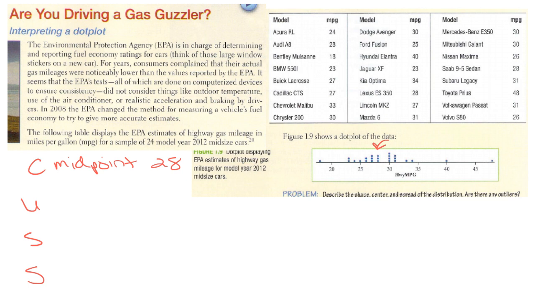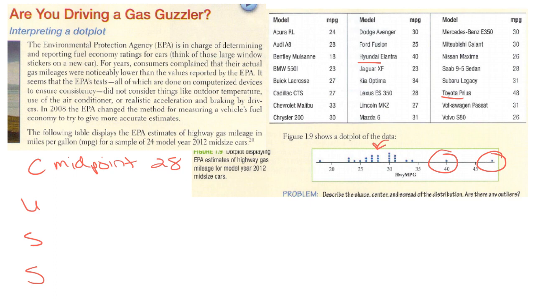For our unusual features, we've got 2 cars that could be possible outliers that are getting very high gas mileage: the Hyundai, and where is the other one? The Toyota Prius.